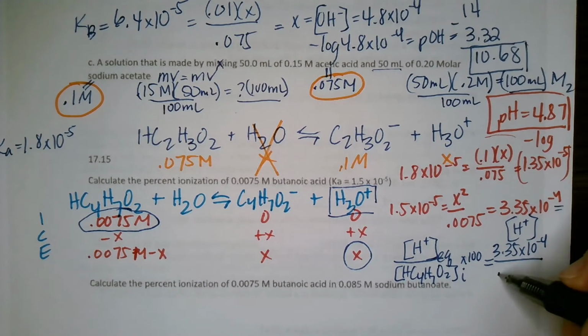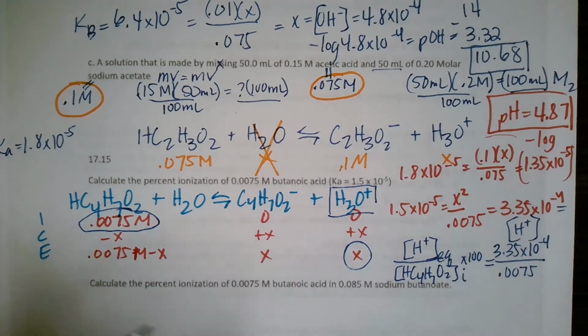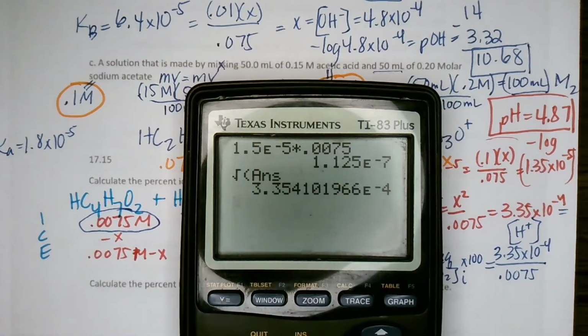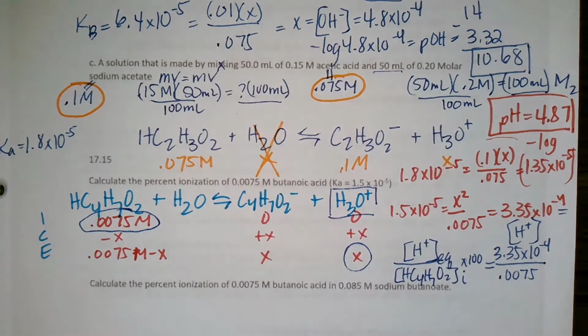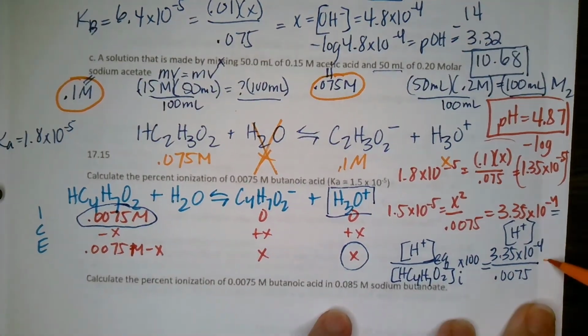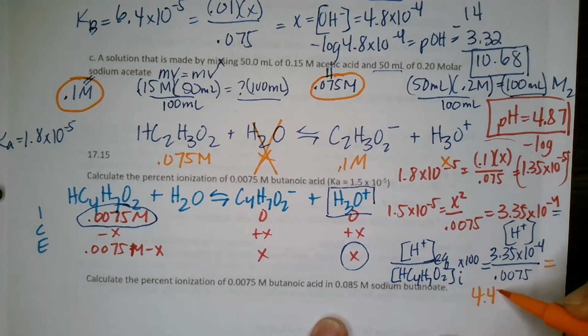So we'll do 3.35 times 10 to the negative fourth divided by 0.0075, times 100. And we are indeed under the 5% rule with a 4.47% ionization.